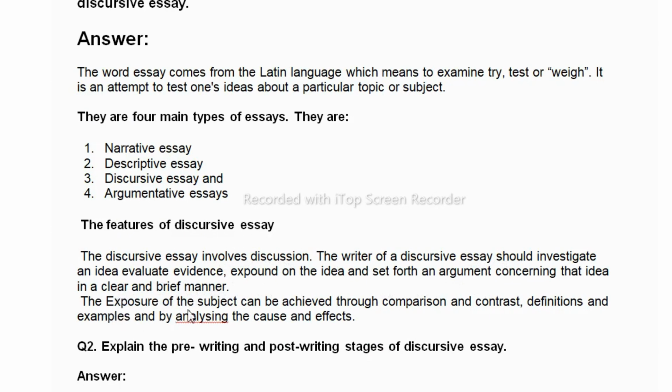So the exposure of the subject can be achieved through comparison and contrast. So here you have to give both the topics, like positive and negative points of that essay, definition and examples, and by analyzing the cause and effects. So in the discursive essay, you have to say both the points, positive and negative, one after the other. So this is all about the discursive essay.